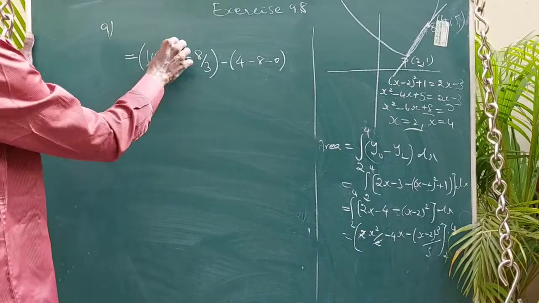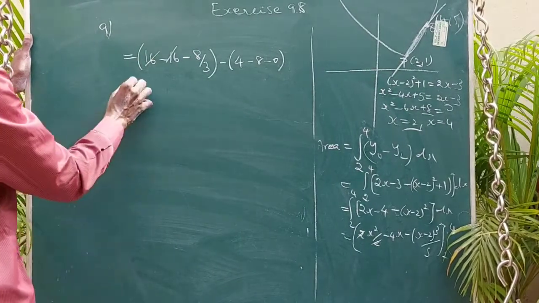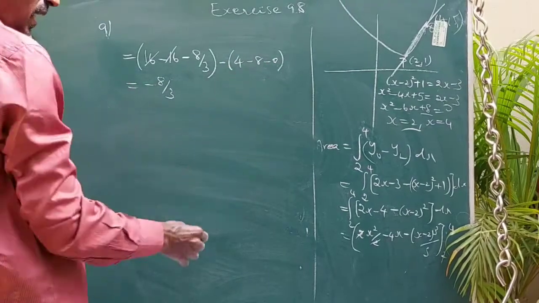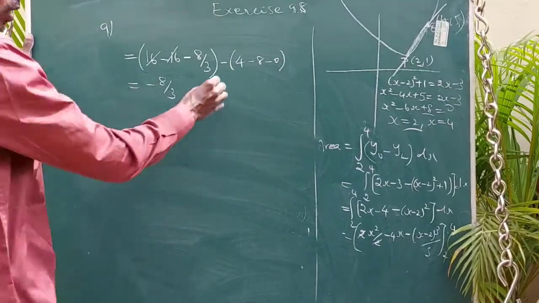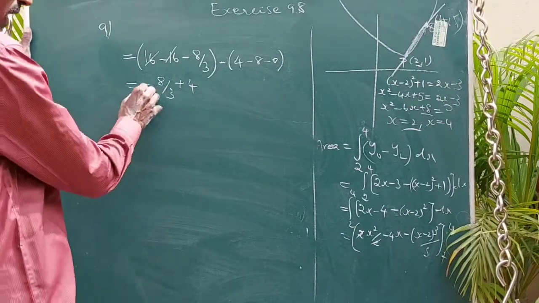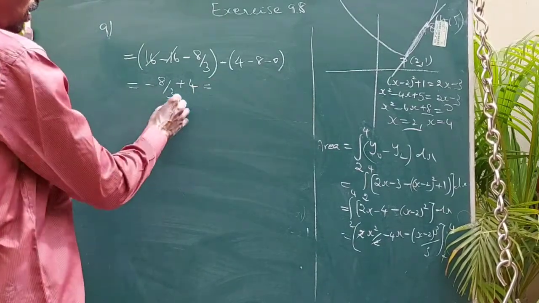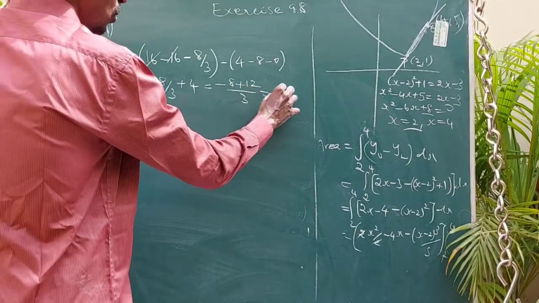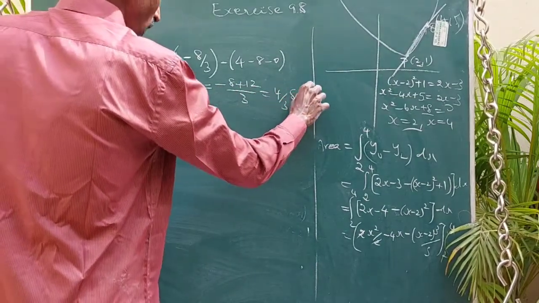Okay. So this 16 minus 16 cancels. So minus 8 by 3. 4 minus 8 is minus 4, into minus, plus 4. Okay. So what are we getting? If we take LCM, minus 8 plus 12 by 3. So 4 by 3 square units.